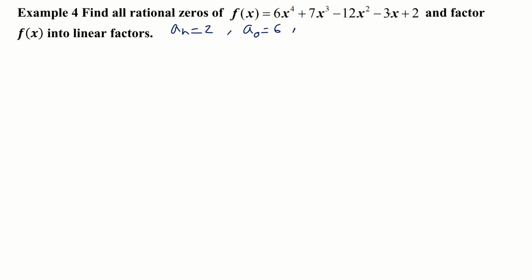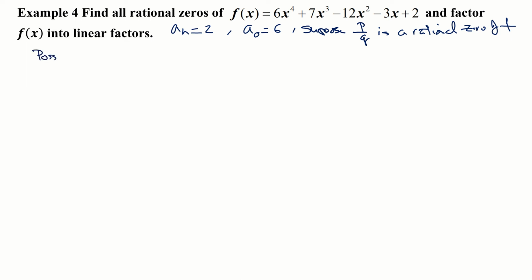So suppose P over Q is a rational zero of F, right? So what are the possible values for P?